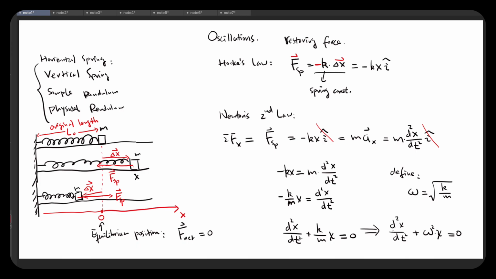And this equation is called the standard differential equation for simple harmonic oscillation or simple harmonic motion. We'll talk about how to solve this differential equation in the next video.